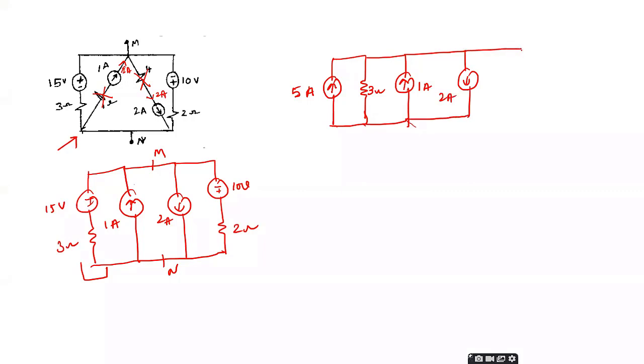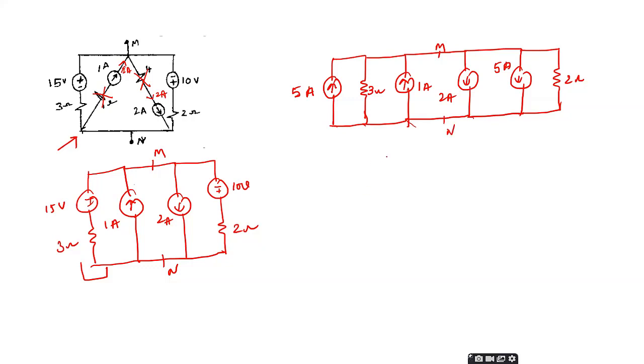Later, I convert the voltage source in series with the resistance into a current source in parallel with the resistance. 2 ohm, 10 by 2, it is 5 amps. So it is M and it is N. All right.